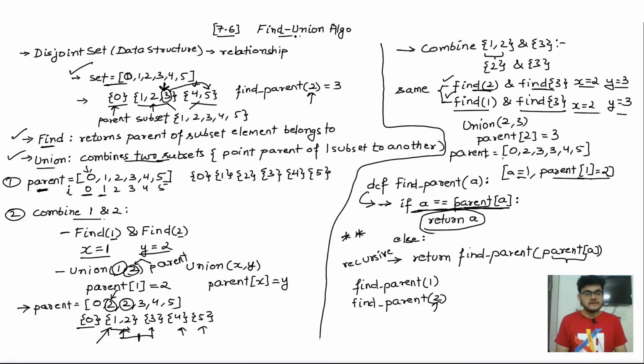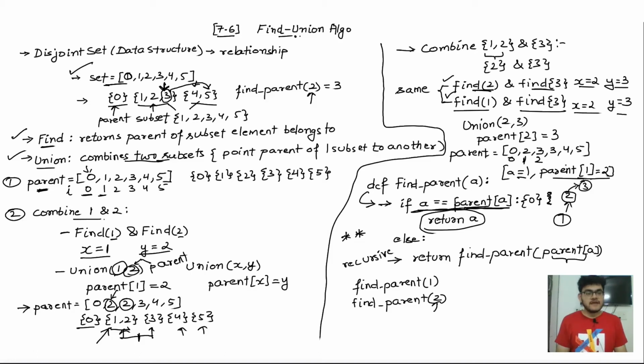So what can you see here? From here you can see that 0 is a subset, right? At 0th position we have a subset. At first position we have a parent 2. So here I will show you that we have 2 here, and 2 is the parent of 1, and if we go to the 2 position, the second position says that 3 is the parent of 2, so 3 is here.